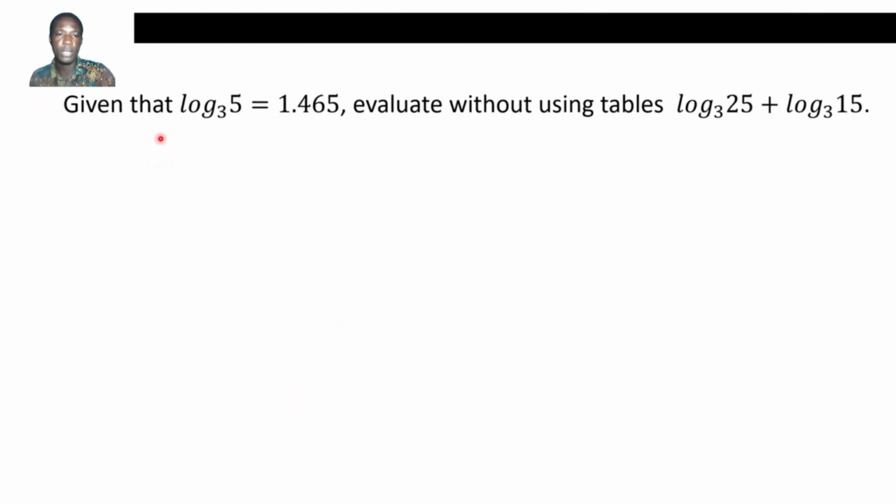Given that log 5 to the base 3 is equal to 1.465, evaluate without using tables log 25 to the base 3 plus log 15 to the base 3. Our solution.